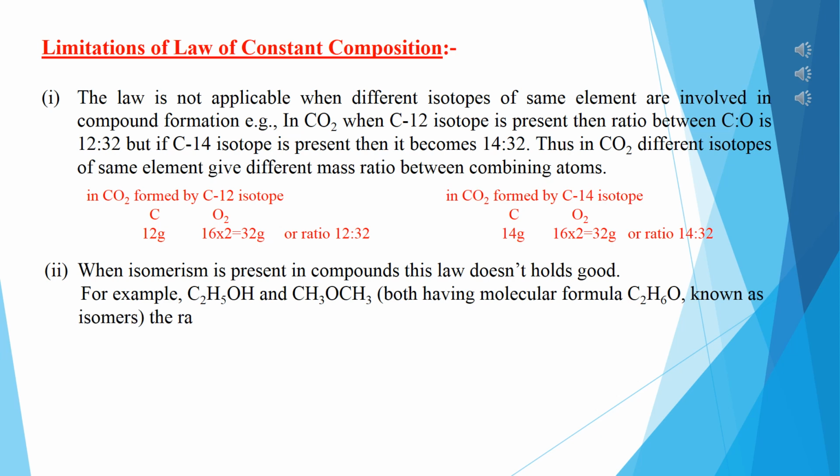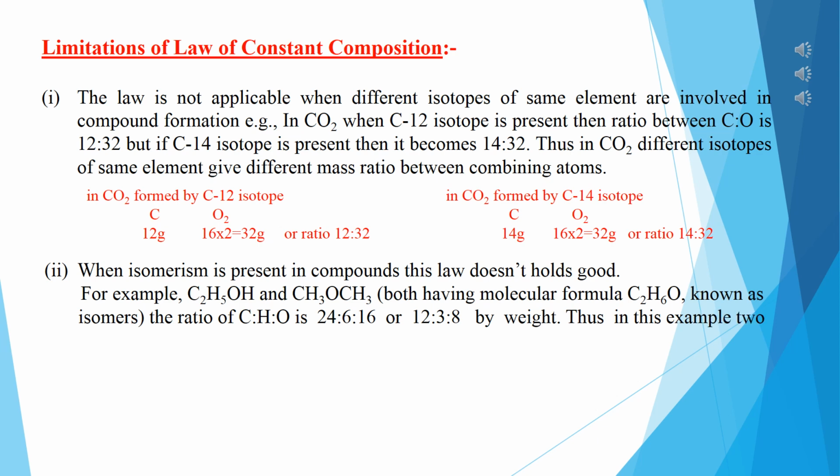The ratio of carbon, hydrogen and oxygen is 24 is to 6 is to 16, or in simple ratio it is 12 is to 3 is to 8 by weight. Thus, in this example, two different compounds have elements in the same ratio by weight, which is also against the law of constant composition.